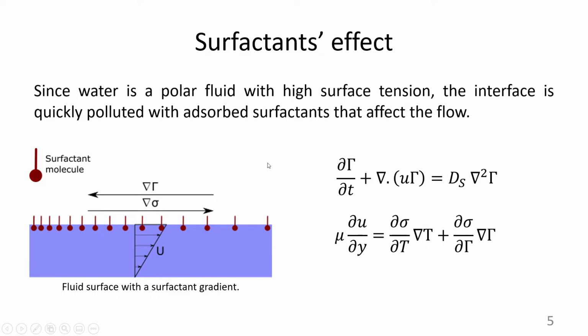The first equation is the surface transport equation of surfactants. This means that the flow can displace these molecules and create concentration gradients. And then the second equation is the surface stress balance.